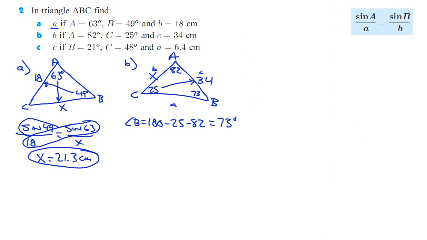So we'll put 73 in here, and now we have the information that we need, because we have this angle and the side across from it, and we have this angle, and that's the side we're looking for. So let's do sine of 25 over 34 equals sine of 73 over x. Cross multiply and divide.